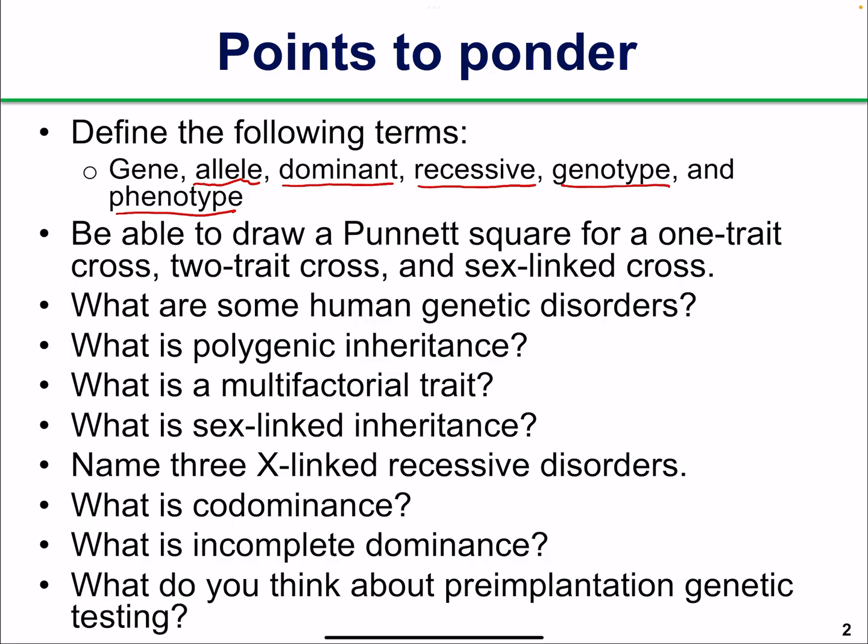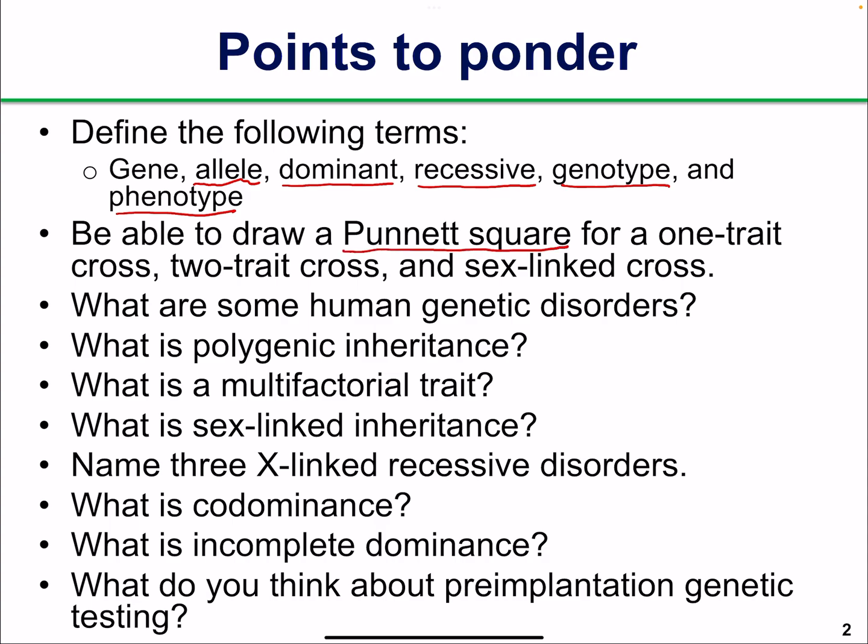Also, in order to predict the possible genotypes and phenotypes in the offspring, it is going to be important to draw what we call a Punnett square.